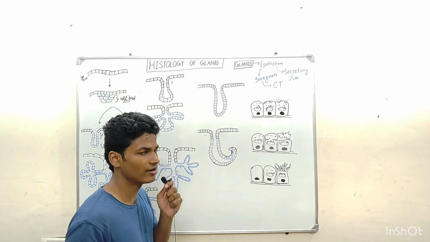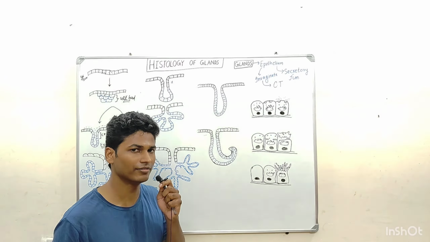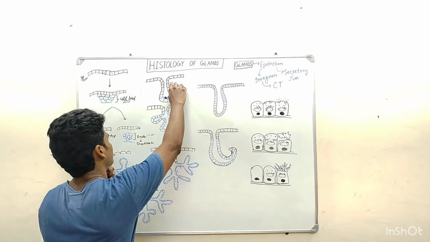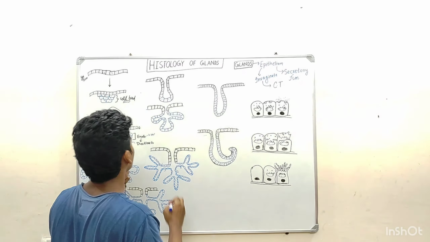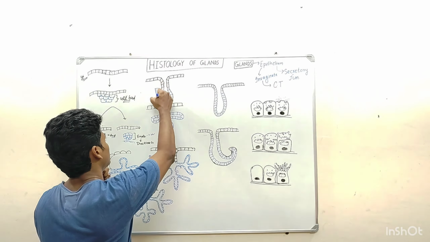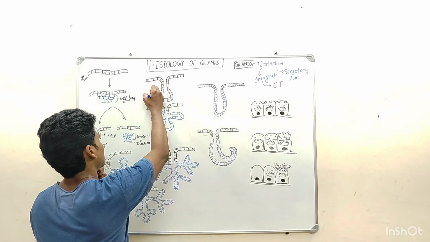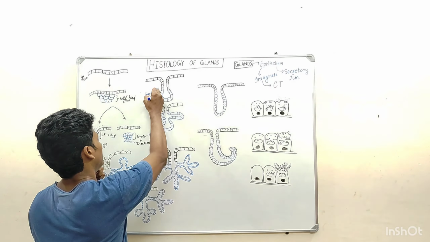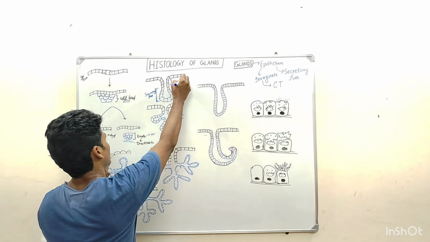A simple gland is also divided depending upon the shape of its secretory part. This part of the gland is called the secretory part, and this part of the gland is called the conducting part.